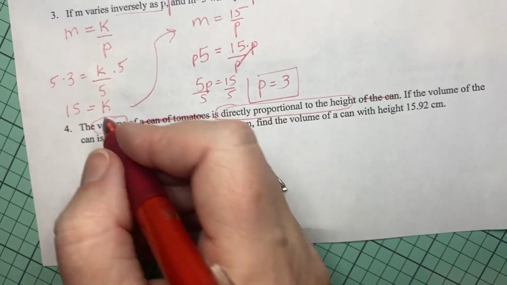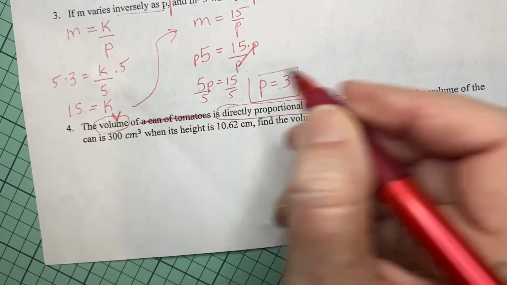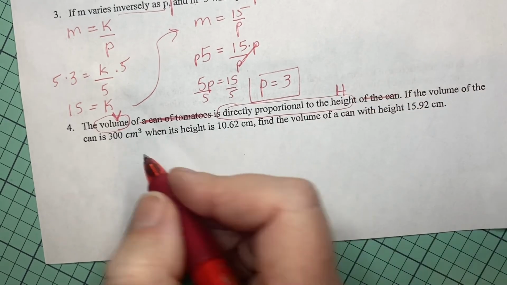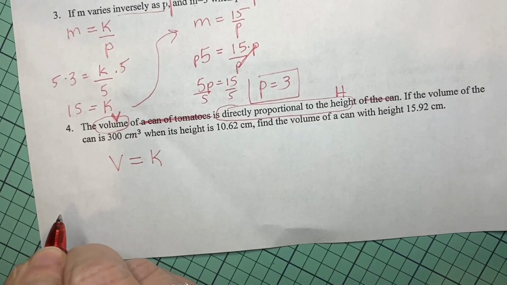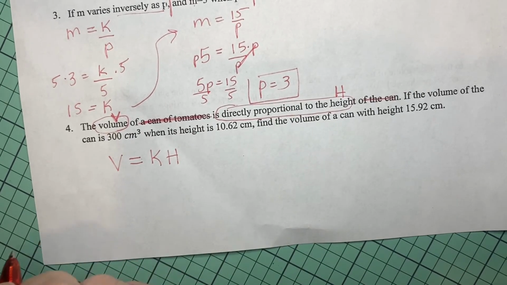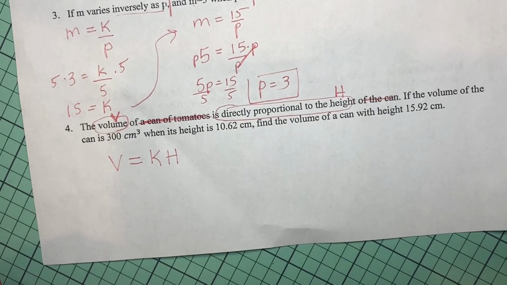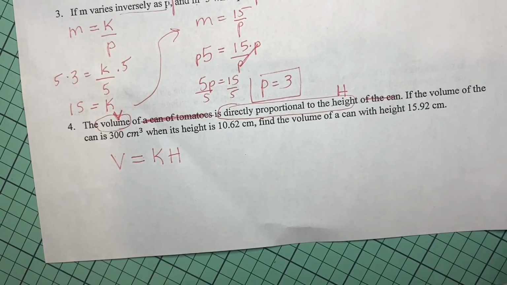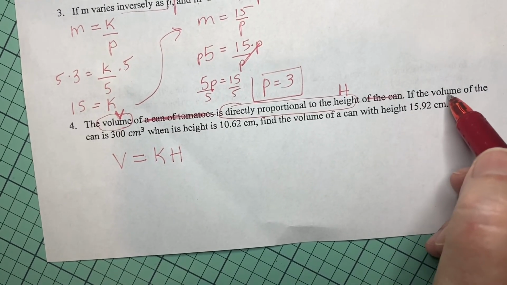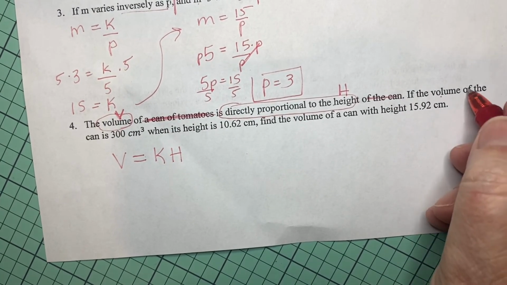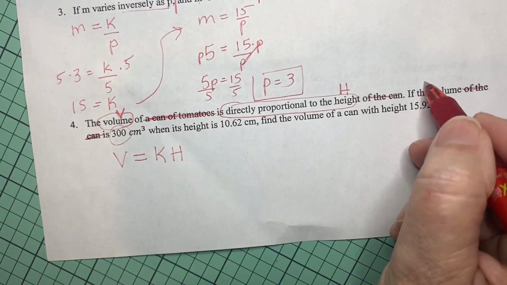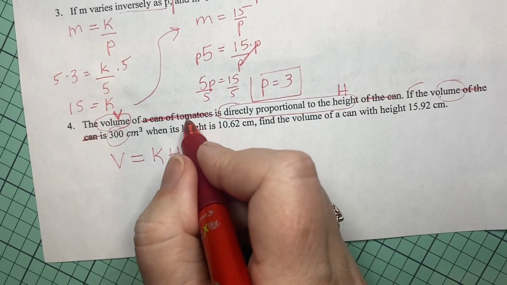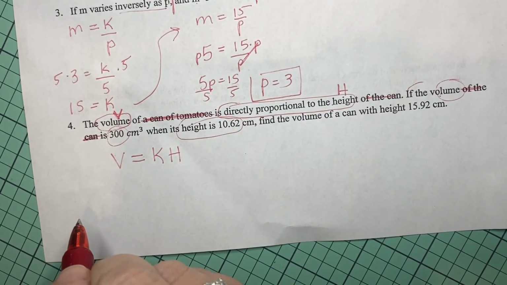And you can pick any letters for yours, but I always just pick the first letter. So let's do V and H. So volume is directly proportional, that equals K, to height. So there's our formula. And then it says that the volume of the can, so of the can doesn't matter, the volume is 300, and the height is 10.62.